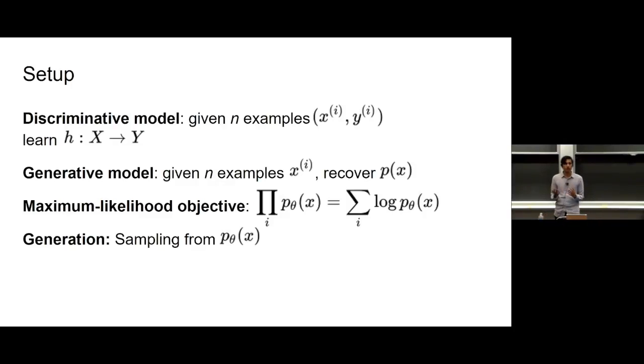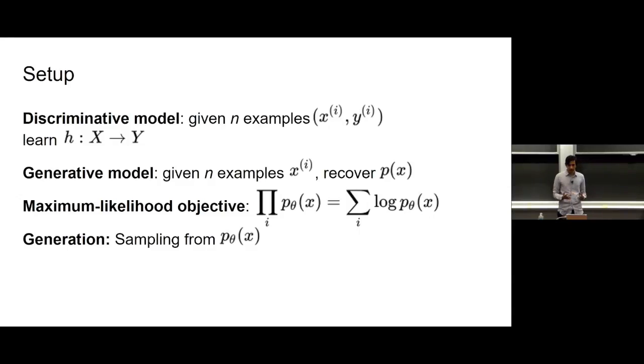The picture that we're going to talk about for generative modeling is slightly different. Now we still have a training set, but we only have the x's. So we have a training set of examples, x, and we're going to make an assumption. The assumption we make is that the training set was uniformly sampled from some underlying probability distribution.